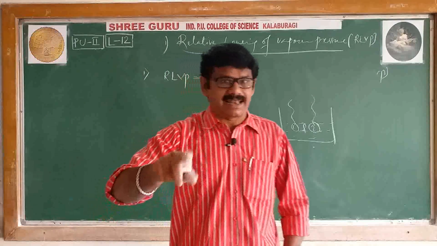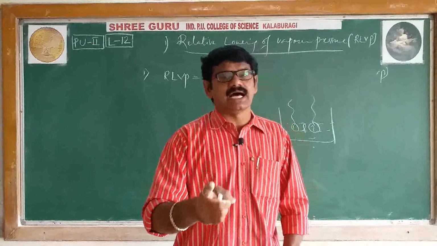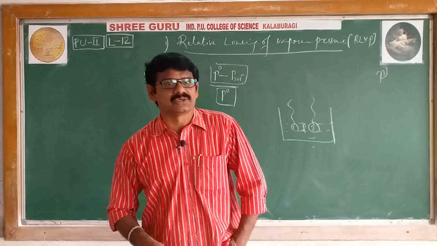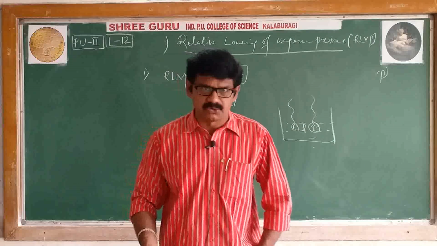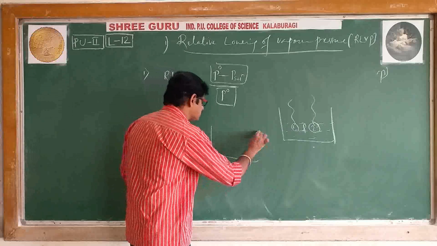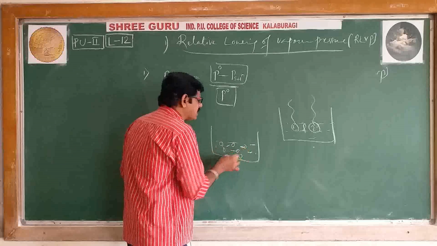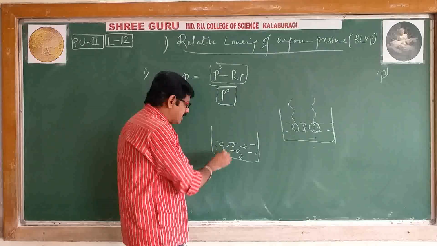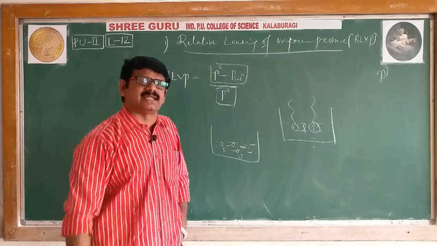Now we will discuss another type of Raoult's law. What is that? Raoult's law of a solution which contains a non-volatile solute. We will take one solution in which non-volatile solute particles are present. Earlier both components were volatile, but here only one component is volatile and the other component is non-volatile.